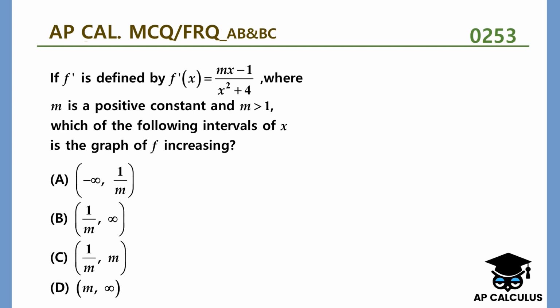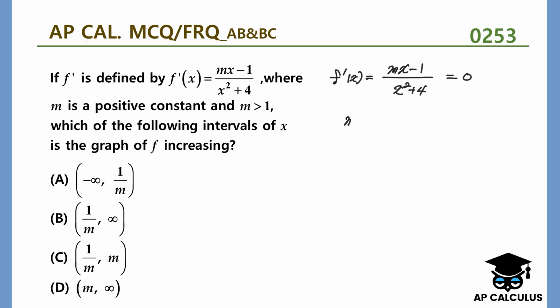Okay, let's do that. f prime is equal to (mx minus 1) over (x squared plus 4), and set that equal to 0 first. f prime is equal to 0 whenever the numerator of this expression is equal to 0.